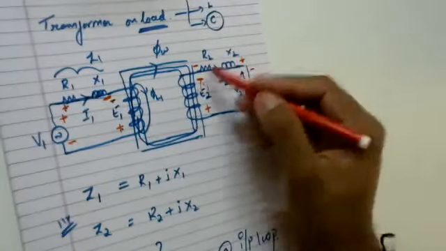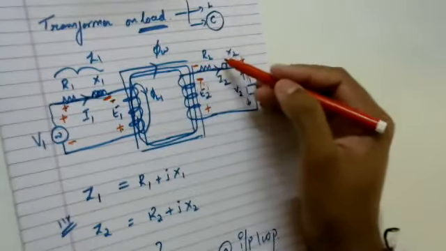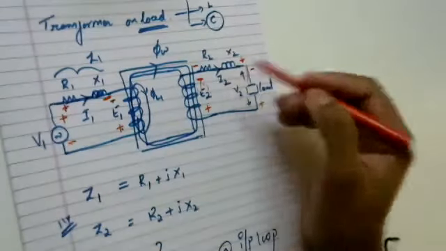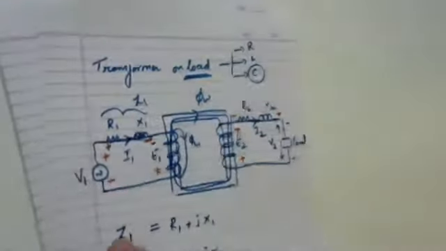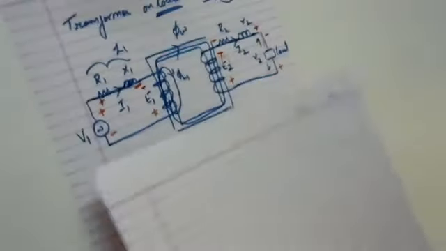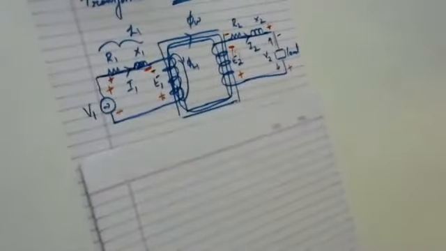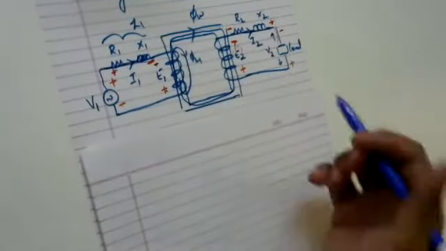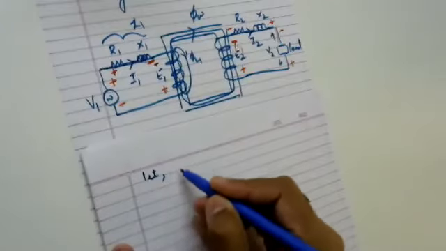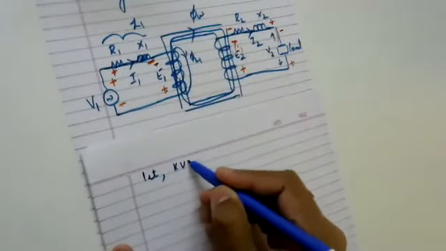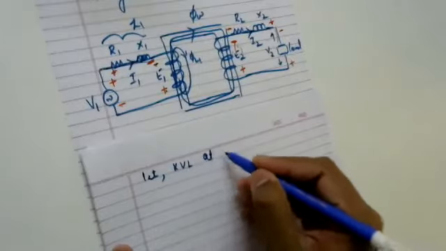Now if I apply KVL to this particular loop, what will I get? For your reference, I'll keep this diagram in front of you and develop the KVL so that you will not get confused. Let us apply KVL at the output loop.